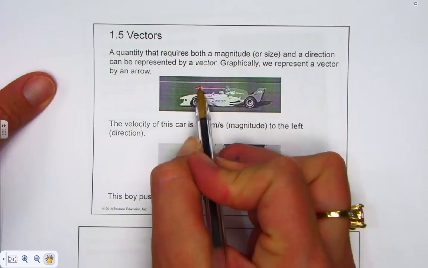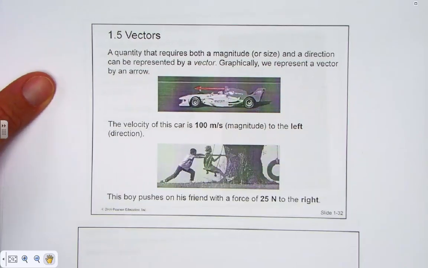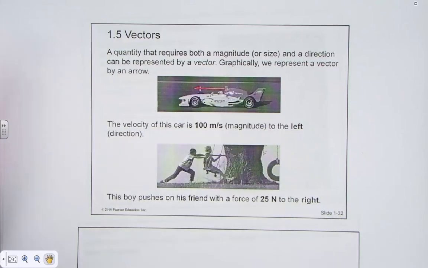Graphically, the speed of our race car turns into a vector quantity known as velocity as soon as we include the direction and the magnitude of that particular value. We could call it 100 meters per second. That's its magnitude. To the left, heading away from the origin in the west direction.